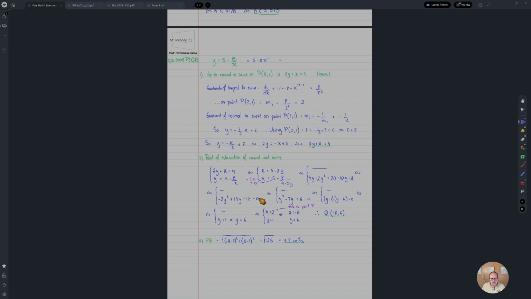Okay. Eventually, I have a quadratic, which I can factorize, and I got the values of y first, and then substituted there to get the values of x. Obviously, one of the points is the point that you already know, the (2, 1), okay? And the other one is the one you are looking for.